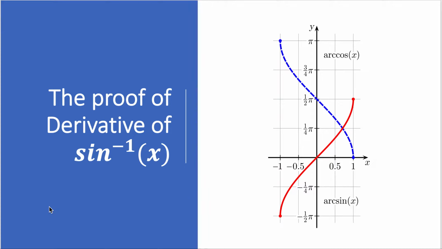Let's see what it is. So it's here, and let's write a proof. We already know the function; we can write it this way. Let's say y is equal to the inverse of sine x. The inverse sine x we can write this way, sine with the exponent minus 1 of x.